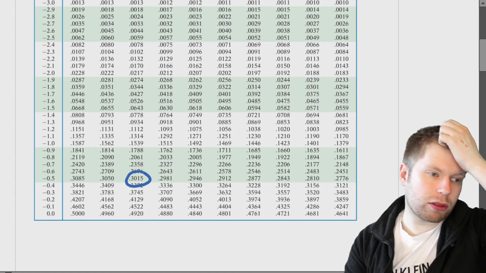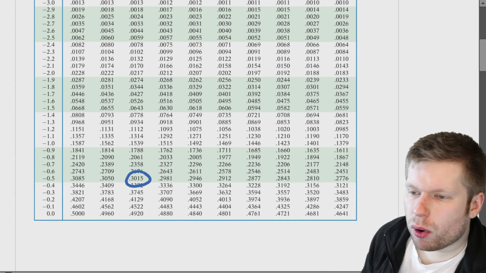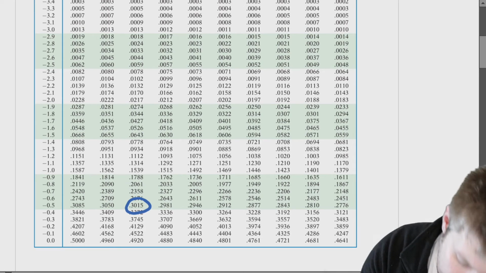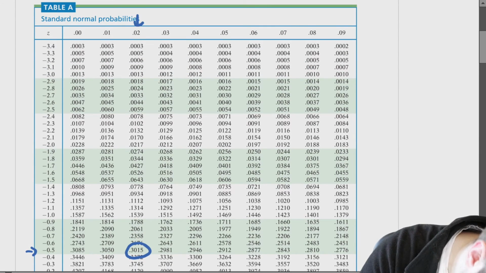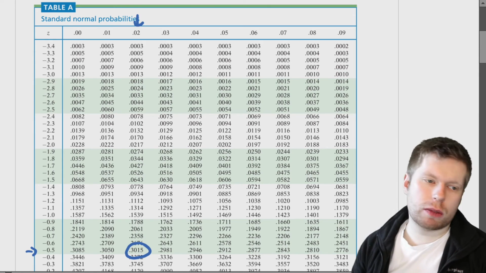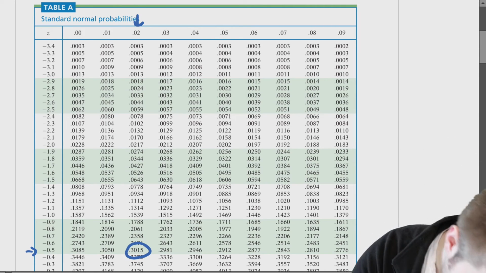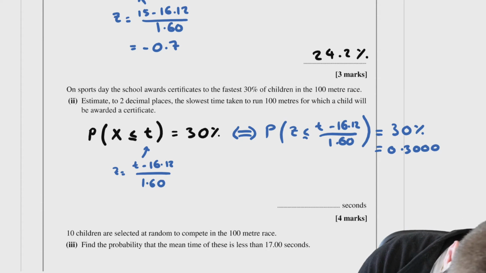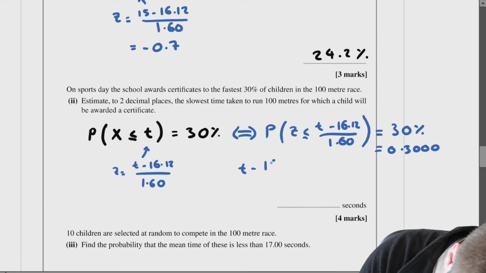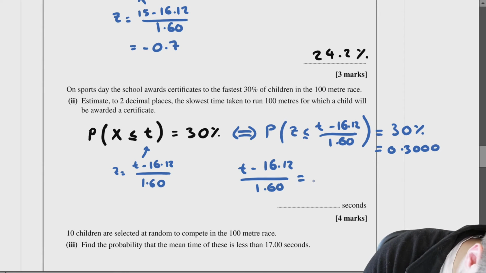So 0.3000, 30.15%, that's as close as possible I can get. So that's going to be negative 0.52 units of standard deviation below the mean or less, okay? So negative 0.52 is going to be t minus 16.12 divided by 1.60. That's going to be my negative 0.52, okay?